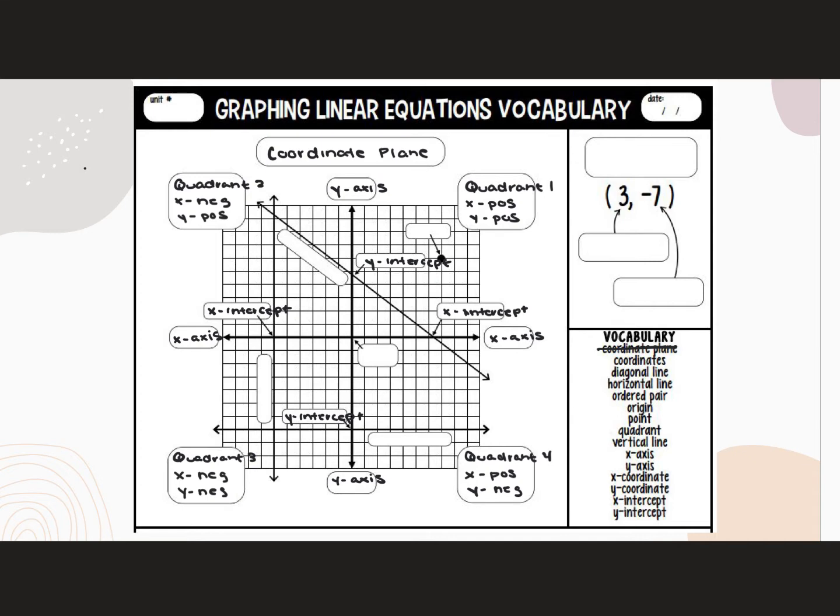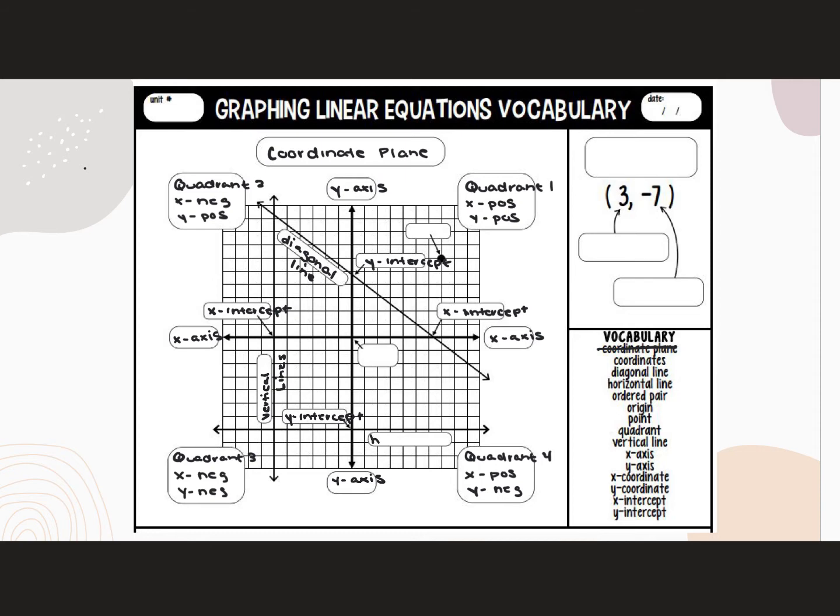This is what we call a diagonal line. So we have been seeing that when we talk about slope. This is the diagonal line, which you all know. We have our vertical line, and vertical lines have undefined slope, I apologize, and have the equation x equals.